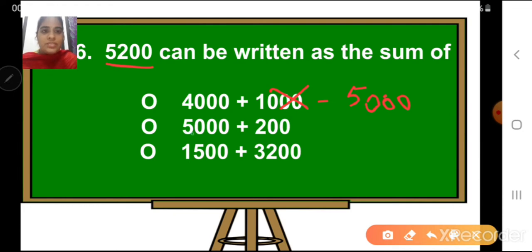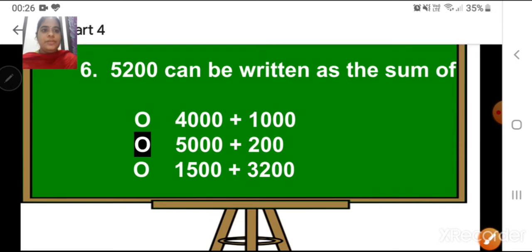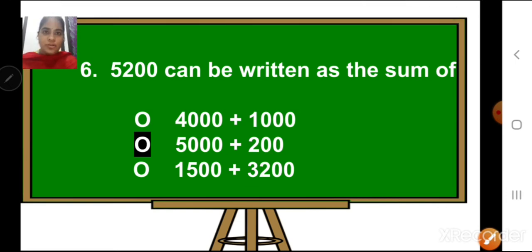The second one is 5000 plus 200. If we add 5000 plus 200, yes, we will get 5200, correct? So this is our correct option. The last one also is not the correct answer. 5200 is the correct option and you click on that option. Okay.